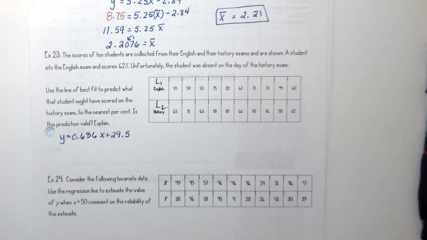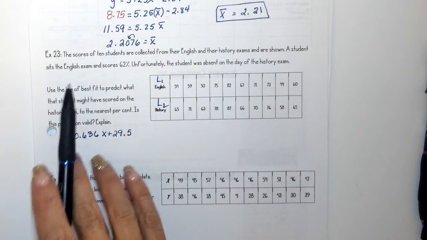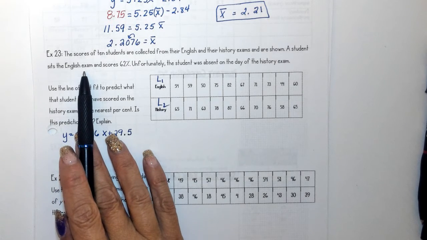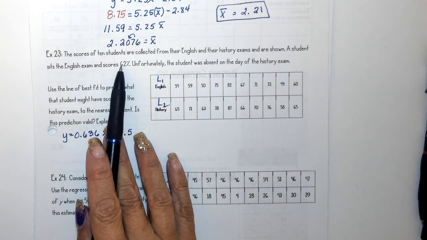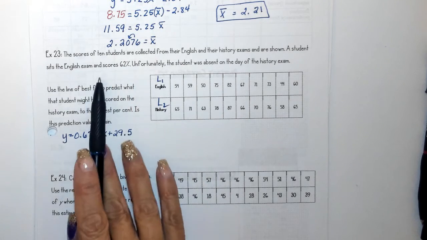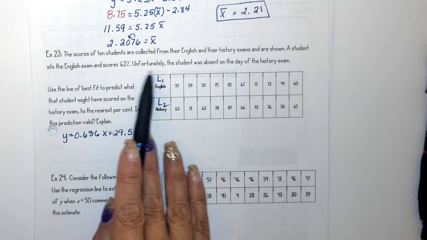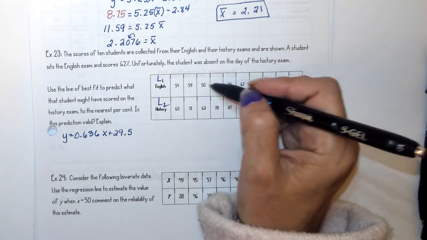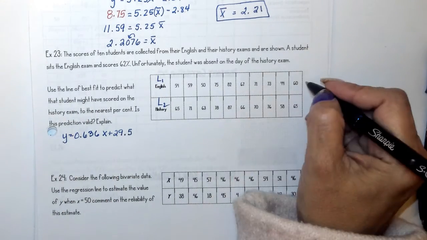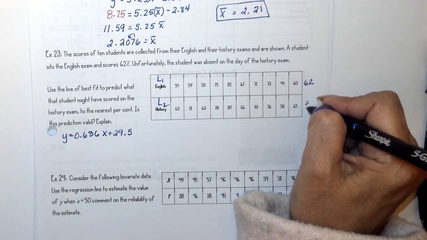So the question is, what did he make? A student sits the English exam, I think it's supposed to be out, and he scores 62%. Oh no, I guess that is really weird wording. So he sits and takes the English exam and he gets a 62. So he's right inside here, and he gets a 62. And the question is, what is this down here?